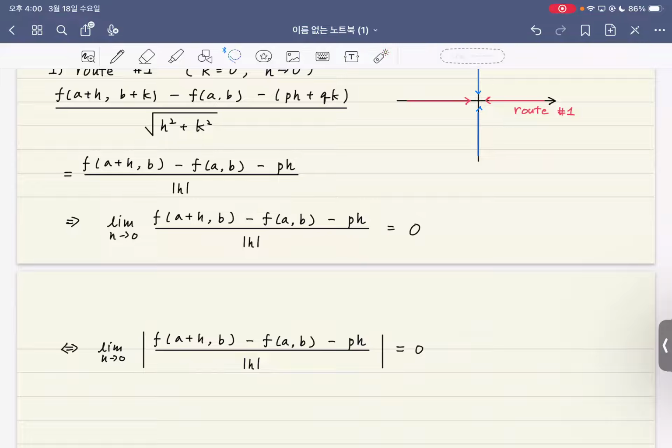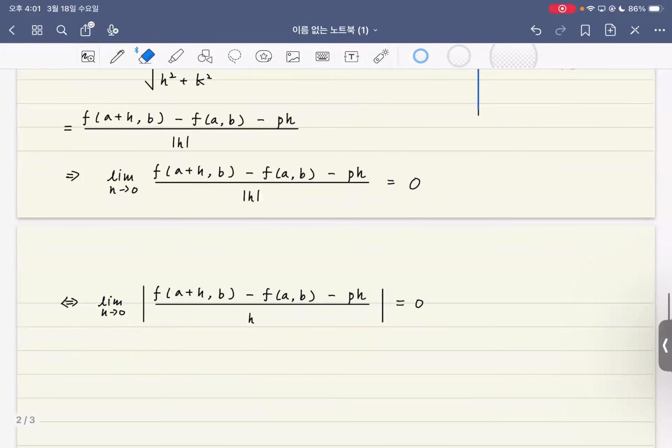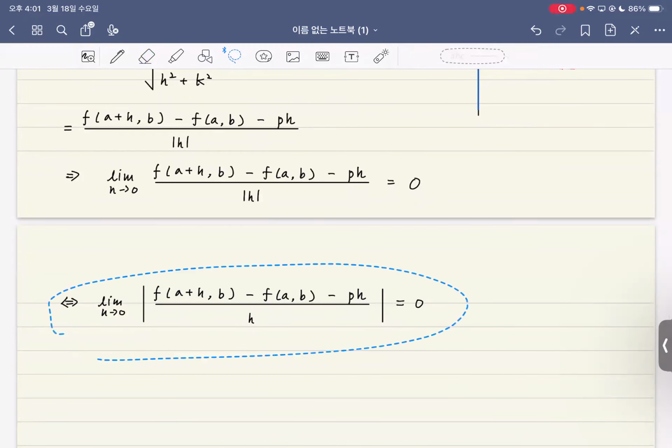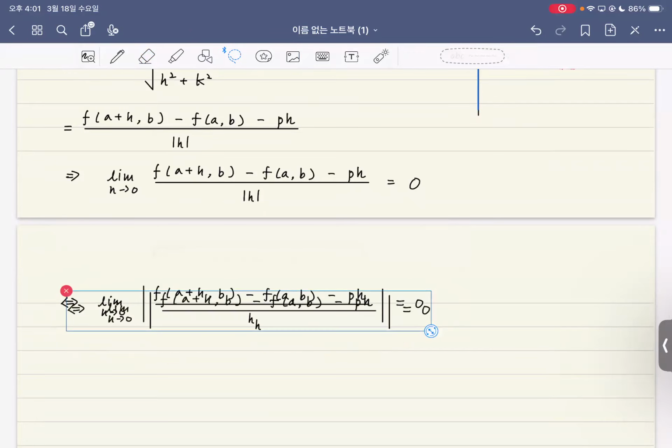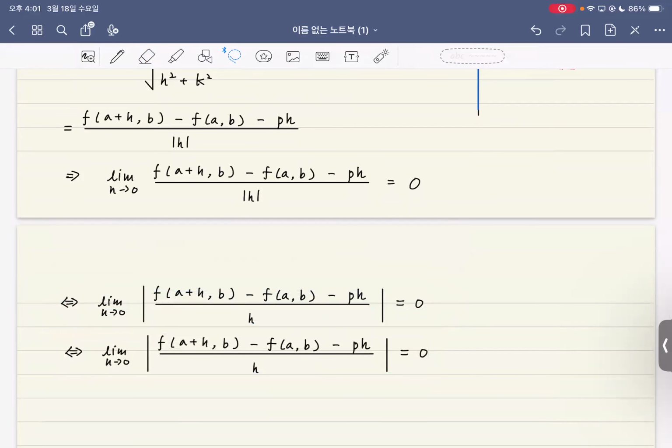And for the denominator, I don't need to bring two same absolute values. So I guess I am good to just ignore this h. And so this guy equals 0. The limit of this guy equals 0 means, well, I'm going to just get rid of this absolute value one more time.